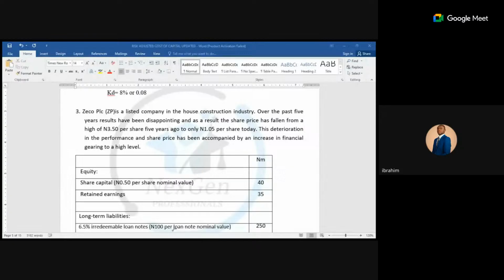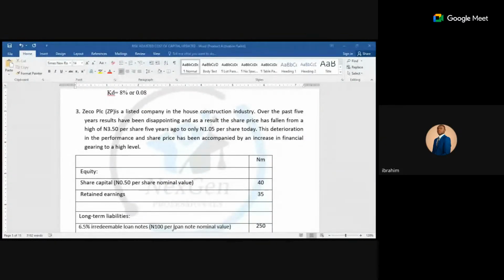When we get to reconstruction and reorganization, we'll talk about that. But what I'm trying to explain here is that an ordinary shareholder will not want to invest in a company that has a high level of gearing.